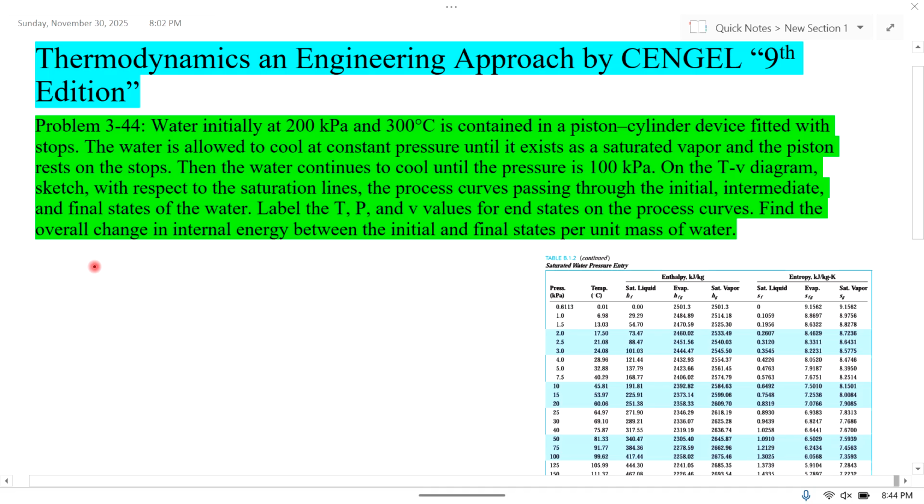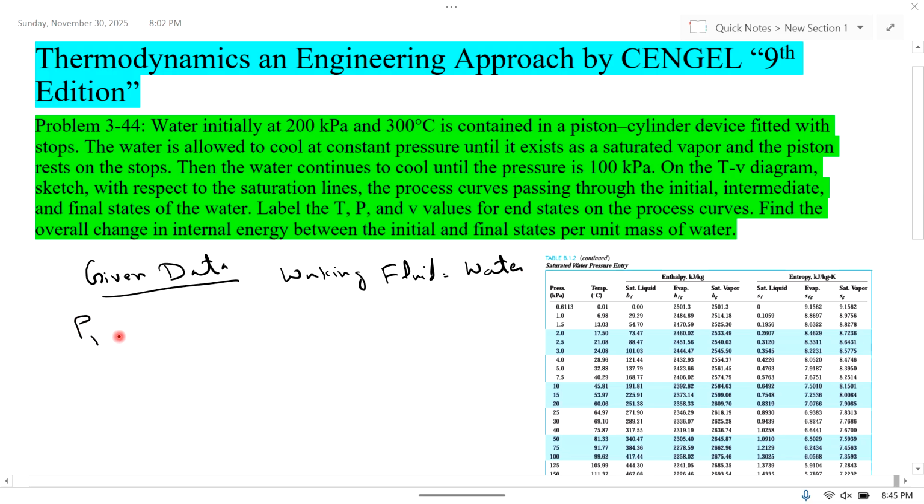The working fluid is water, initially at 200 kilopascal and 300 degrees centigrade.